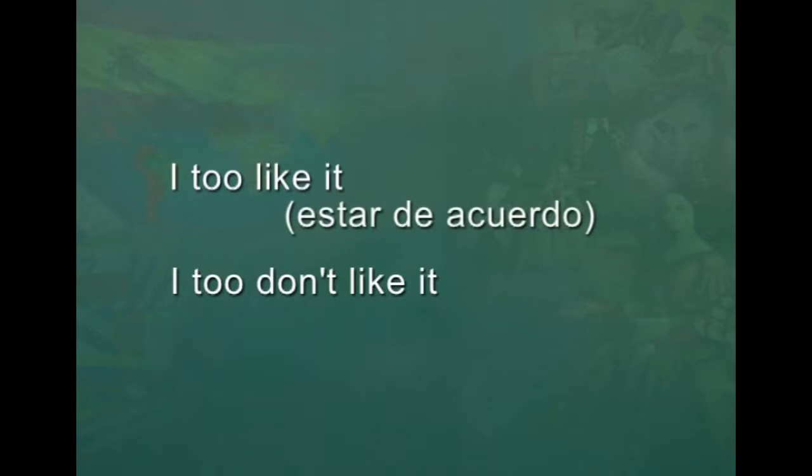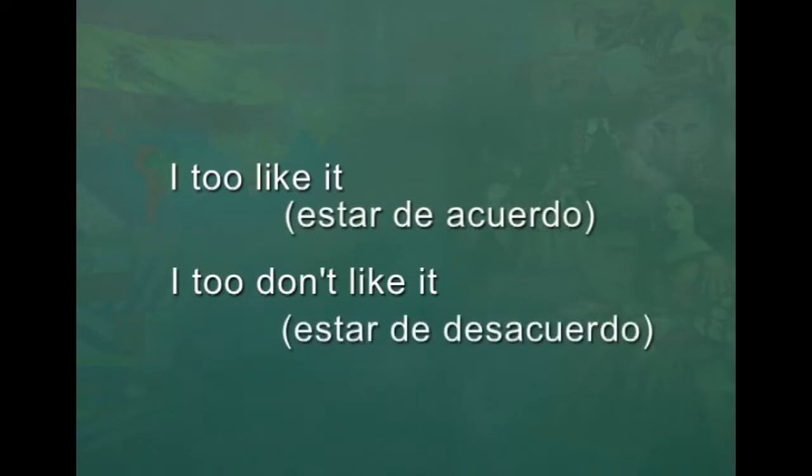So, we will also introduce a way of agreeing and saying I too like it or I too don't like it, which means estar de acuerdo o estar de desacuerdo. Estar de acuerdo is to be in agreement. Estar de desacuerdo is to be in disagreement and not to agree.